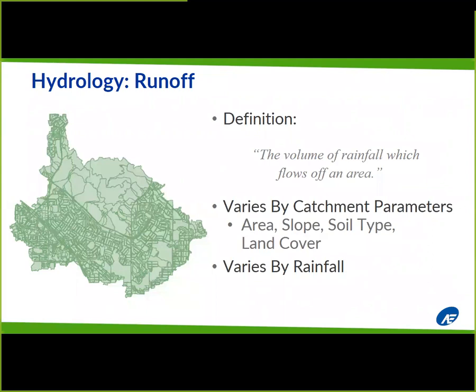So we have these special models that take all kinds of superficial data like soil types and soil cover, land cover, and so on. And all of that is combined and used to calculate a runoff rate for every collection point. So that could be the inlet for a culvert, the catch basin along the roadway, that sort of thing.